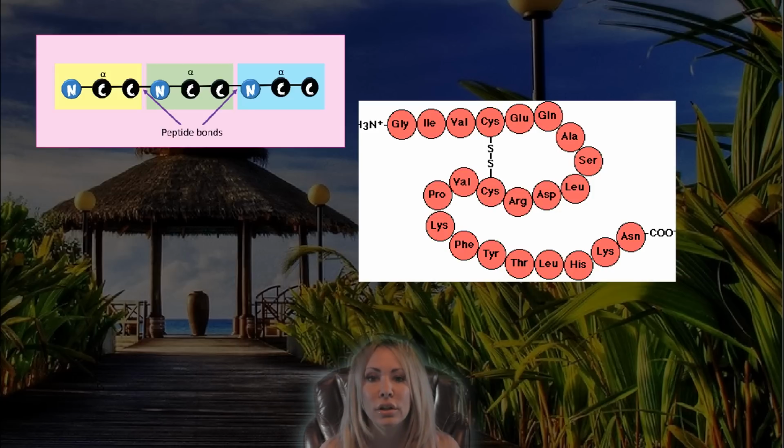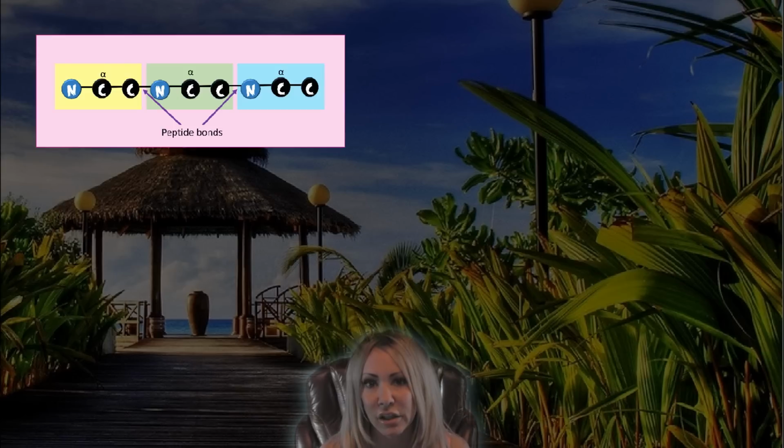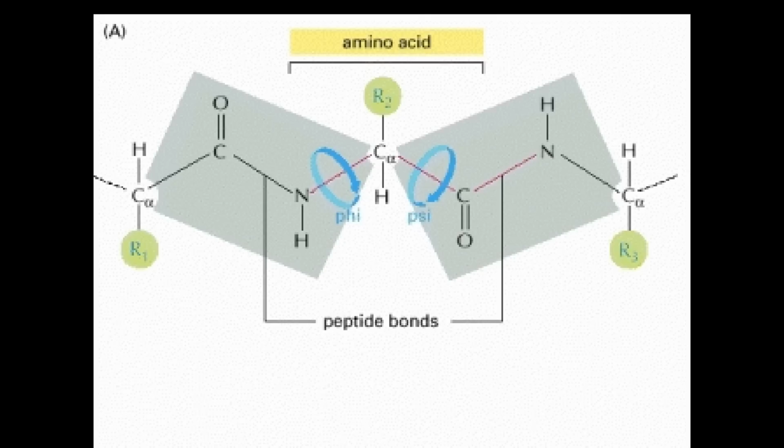We're going to call this linear sequence of the N-C-alpha-C the backbone of the protein. And then we have the functional R groups that are going to determine basically how it folds. Its native conformation will be the eventual folding pattern of each individual protein. The actual peptide bond does not permit rotation, because, remember, the resonance structures.